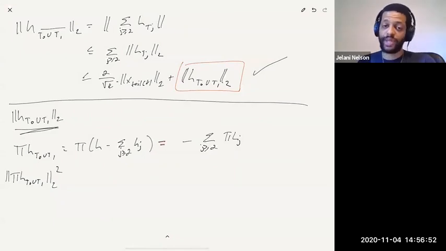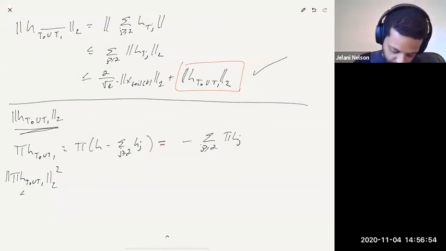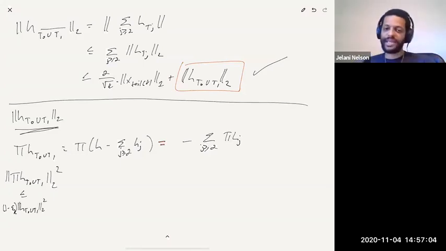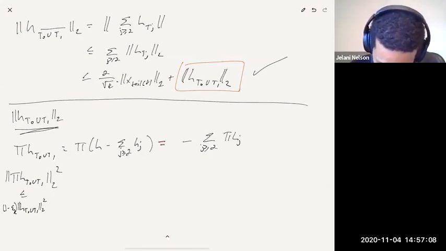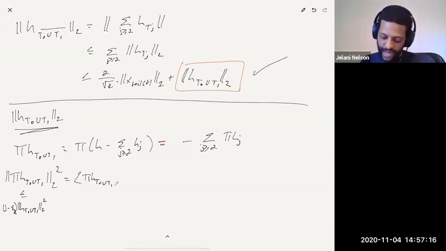Pi satisfies 2k RIP. So this L2 norm squared is certainly at least 1 minus epsilon times the L2 norm squared of h t0 union t1. And now I want to say that it's at most something. The L2 norm squared of a vector is just the dot product of it with itself. So this is the dot product of pi h t0 union t1 with itself. But what is itself? It's also equal to this.